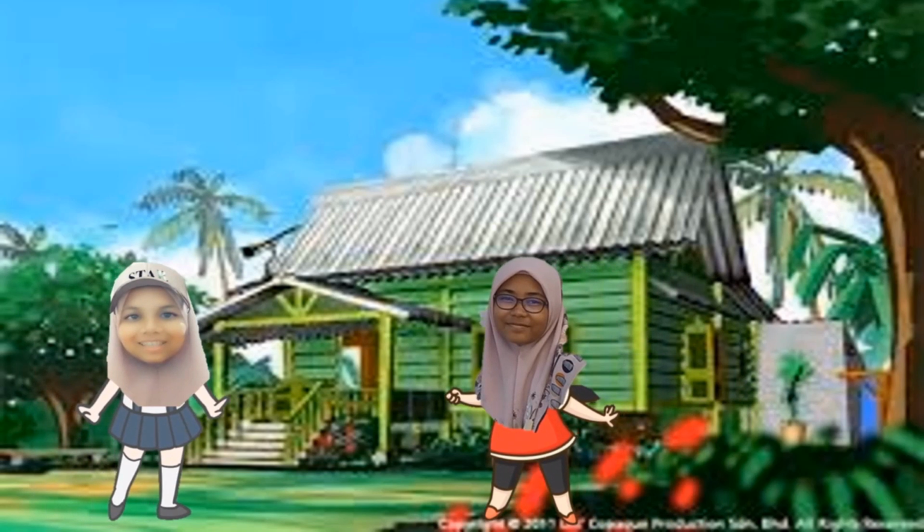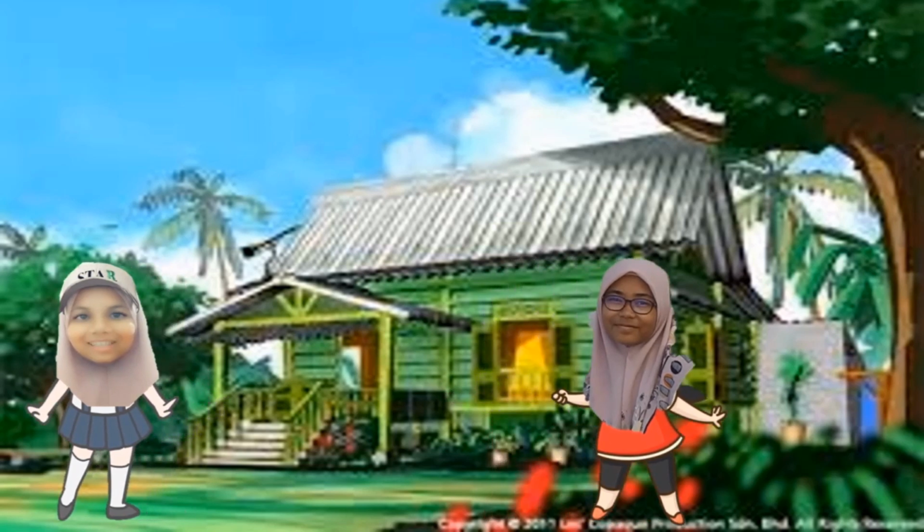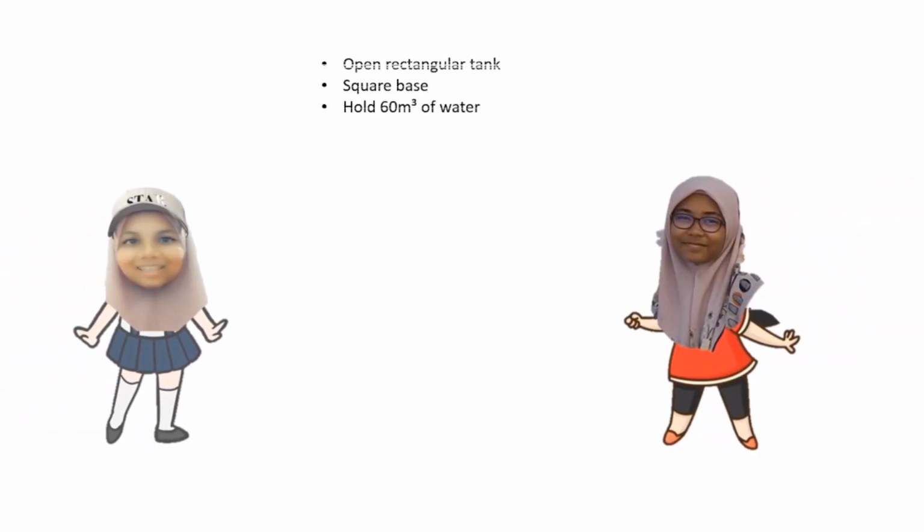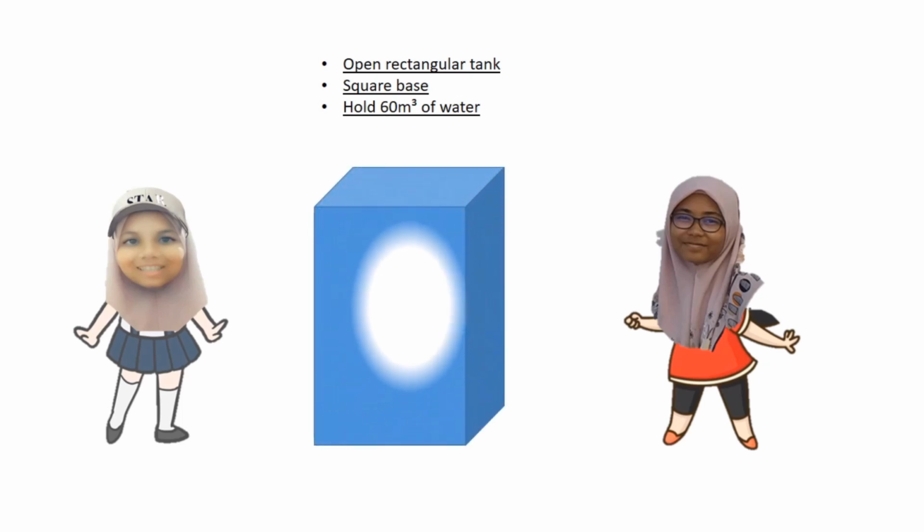Hi Natasha, my house just installed a new open rectangular tank with square base that can hold 60 meter cube of water. My mother said that it may cost 288 over x plus 2x squared for the whole tank. Can you prove that it is true? Given the situation, an open rectangular tank that has a square base that can hold 60 cubic meter.